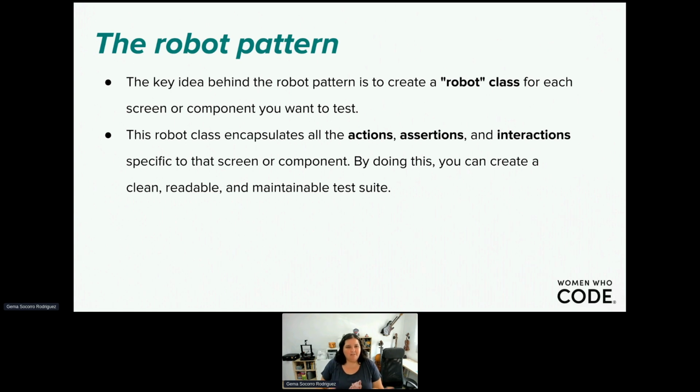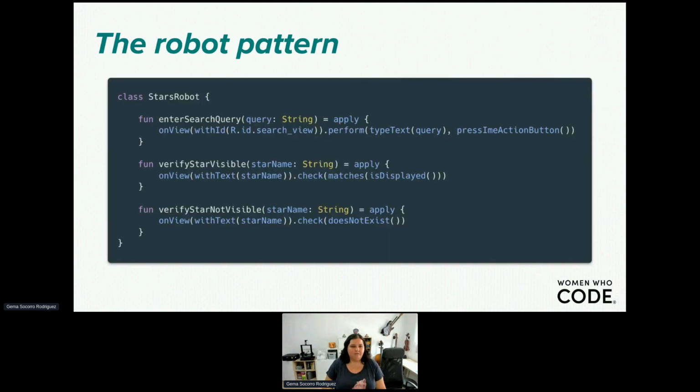We also have this robot pattern, which is a pattern used to simplify our tests because they tend to grow a lot, and also to make the code we use in the test more reusable. So to give an example, imagine that we create this robot where we are doing the enter search query. We are introducing a term to query.